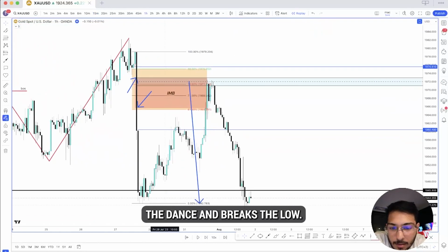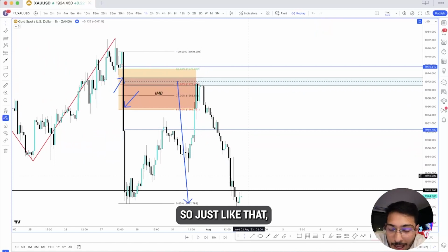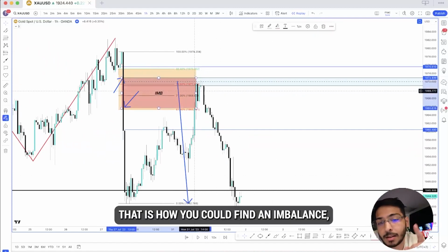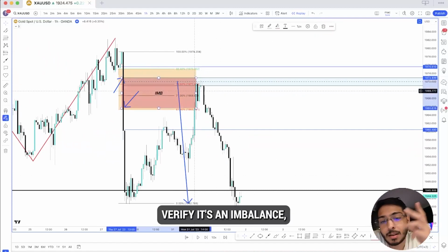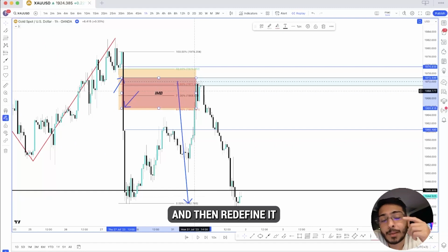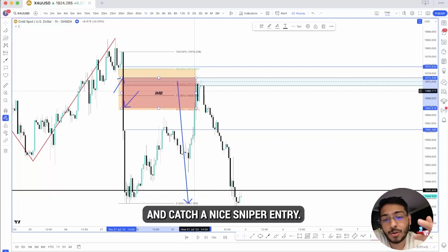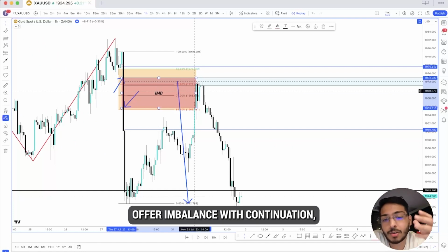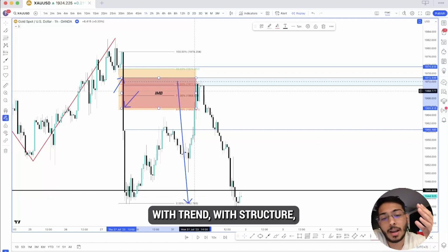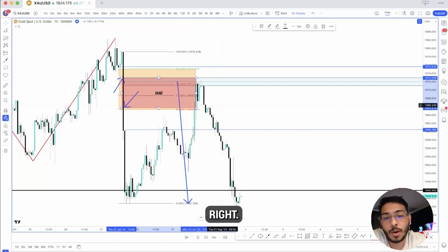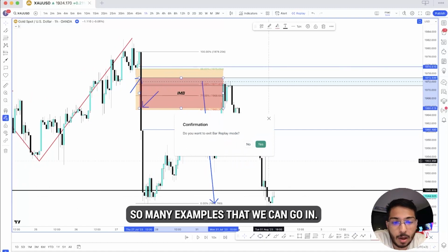Then it does the dance and breaks the low. So just like that, that is how you could find an imbalance, verify it's an imbalance, and then redefine it and catch a nice sniper entry off of imbalance with continuation, with trend, with structure, and then ride out a nice move, right? You know, there's so many examples that we can go in.